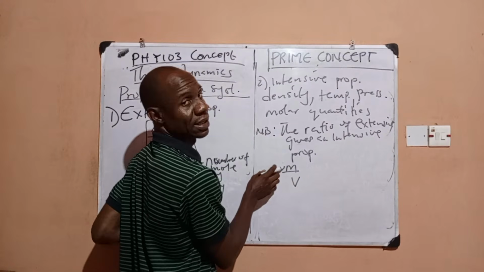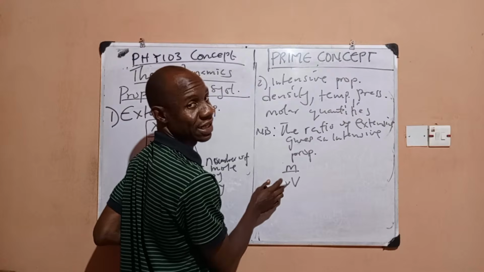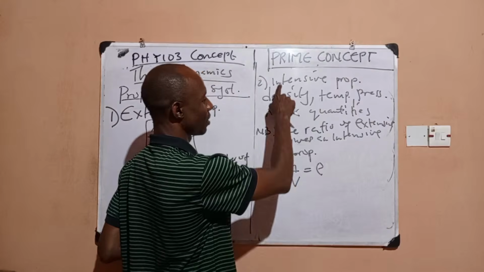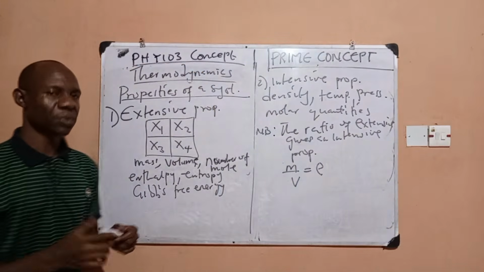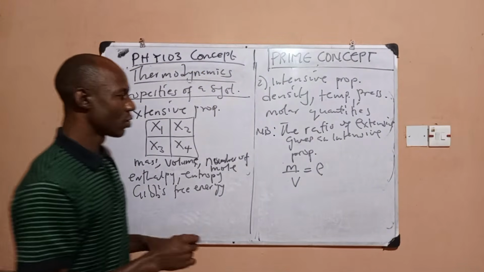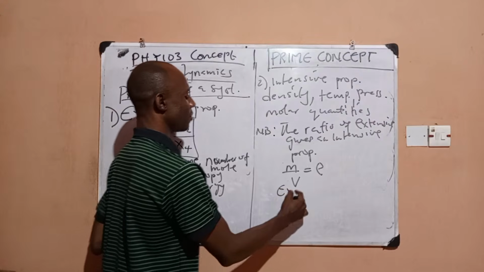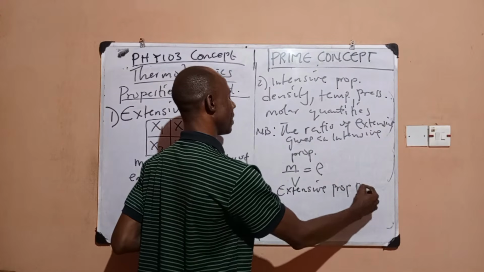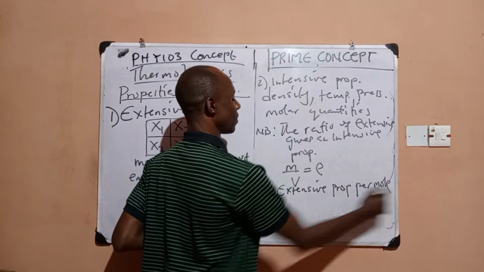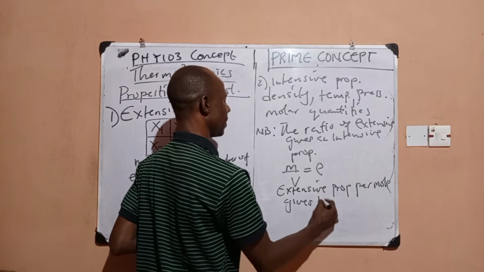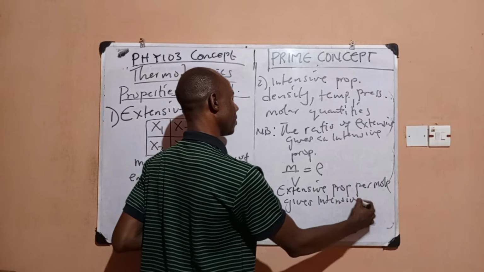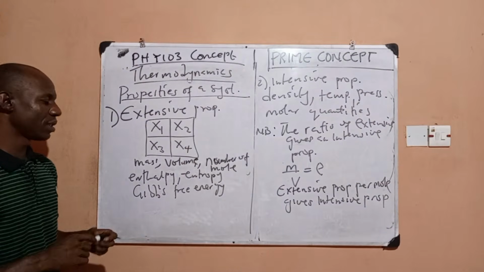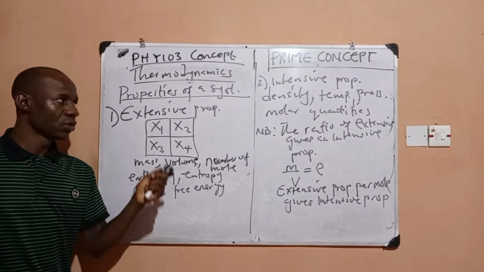Remember, mass is an extensive property, volume is an extensive property. This ratio is equal to density, and density is what? An intensive property. So you should know that. Also, you should know that extensive properties per mole give intensive properties. Extensive property over mole gives you intensive property. So you should know this.